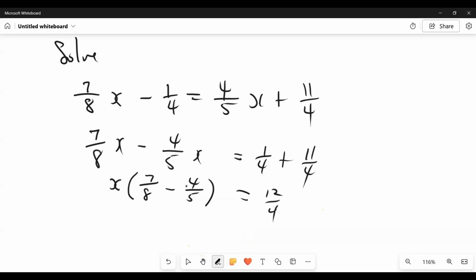What's the LCM of 8 and 5? 40? 5 7s, 35, 5 8s, okay, 32, right? So all of that becomes what?